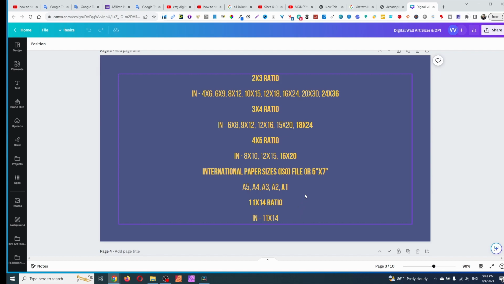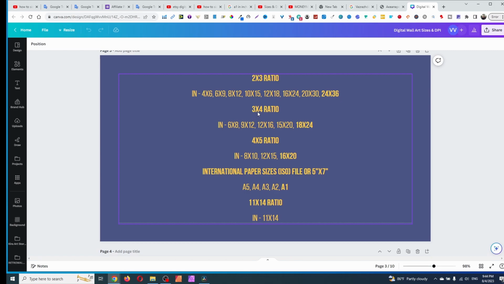So if you think that you need to create all of them, this is completely wrong. You need to decide which is the biggest size that you want to offer, and create just this one because it can scale down to smaller sizes. So for the 2x3 ratio, we're going to use 24x36 inches.